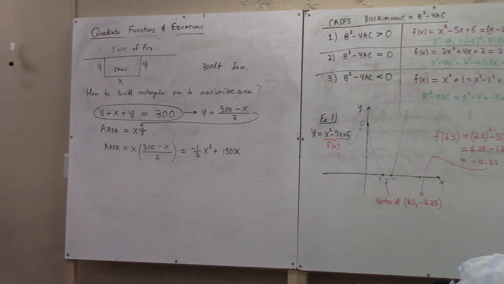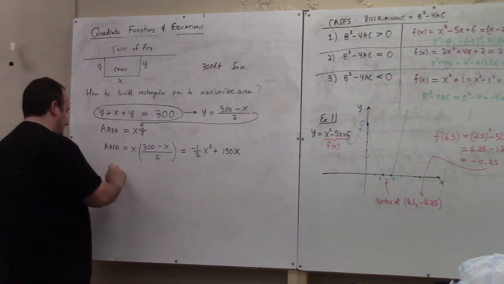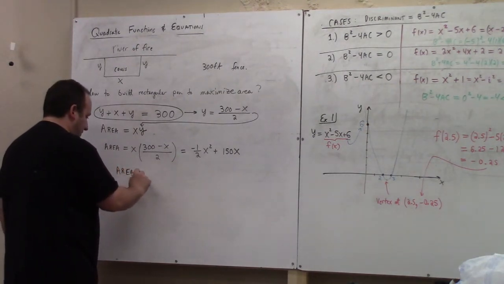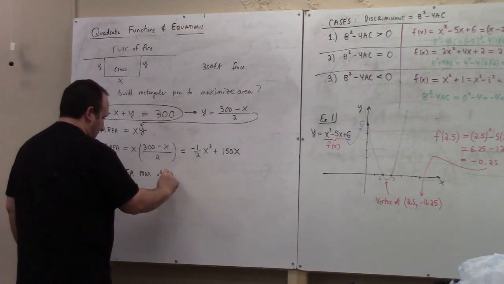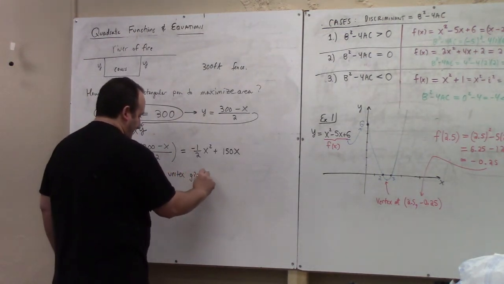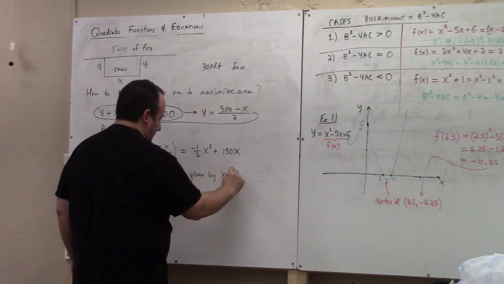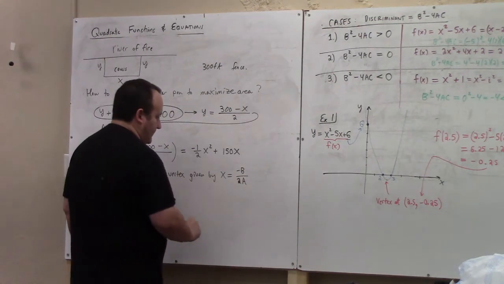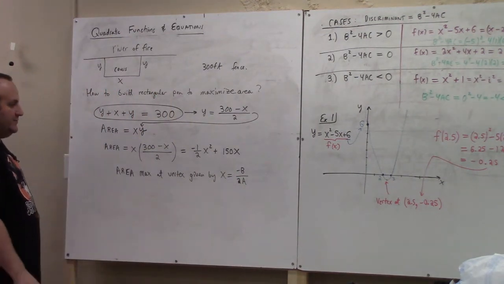Where's the vertex at, remember? So area is max at the vertex, which is given by x equals minus b over 2a. What's b and what's a here?